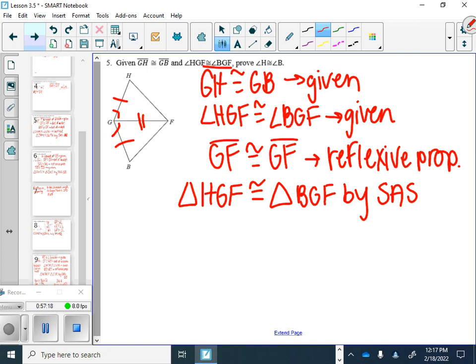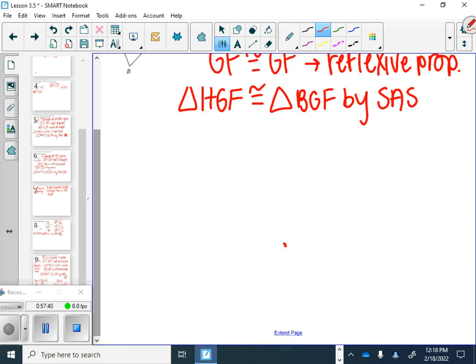It says, if two triangles are congruent, then each pair of corresponding sides and angles are congruent. These two triangles we just said were congruent, right? And are H and B in corresponding spots? Are they both labeled first? Yes. So they're corresponding angles, which means I can simply say that H is congruent to B by CPCTC.